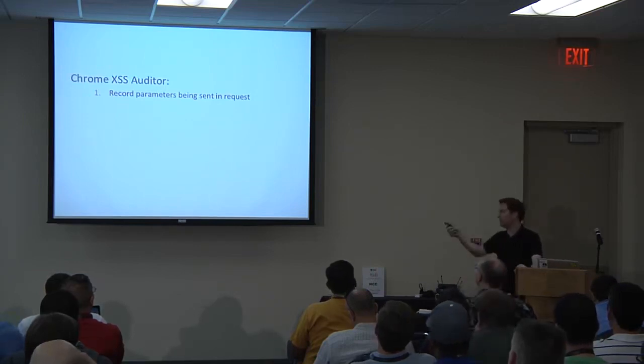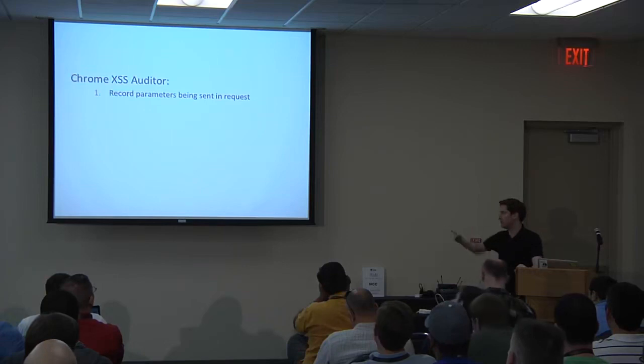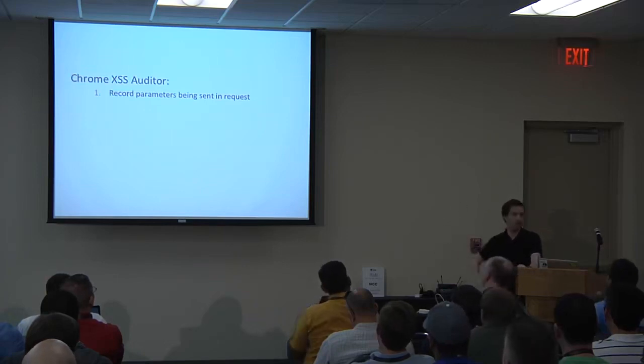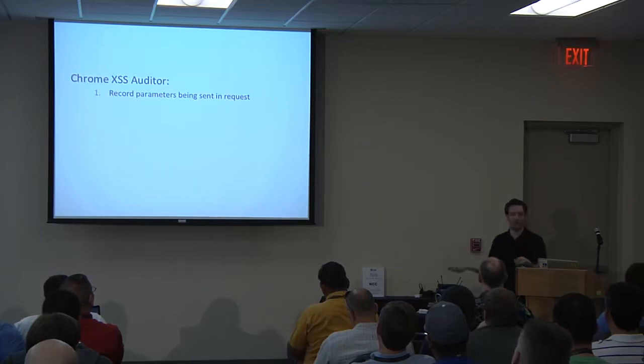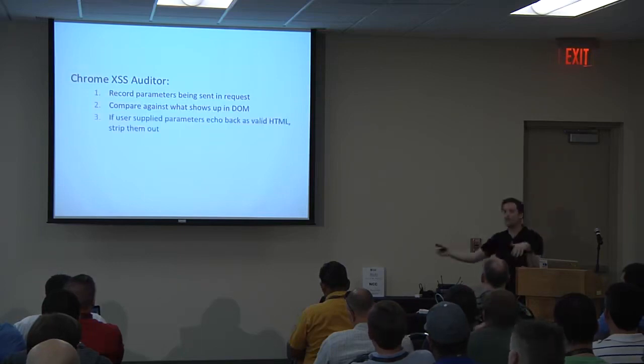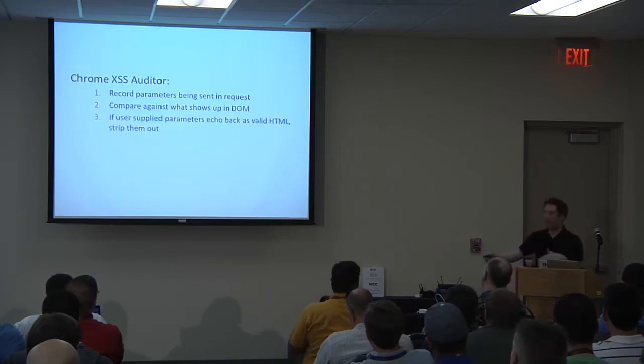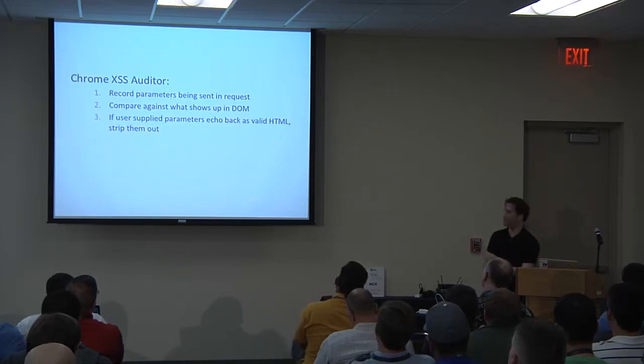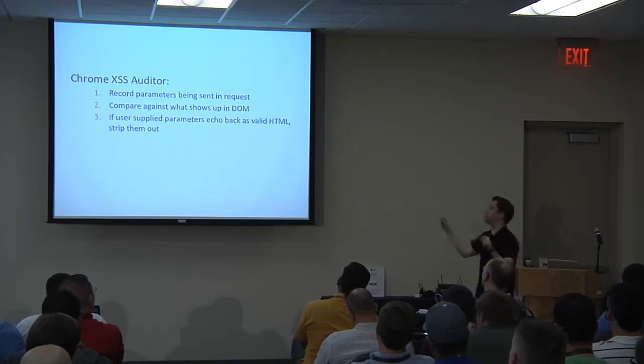So conceptually, and this is the part I may have wrong, but it's close enough: you record the parameters that are sent in a request that ostensibly come from the user, and then you compare that to what shows up in the DOM. If something from the user request creates an HTML element like that, you strip it out. This is your classic search engine thing of q equals script alert 1.